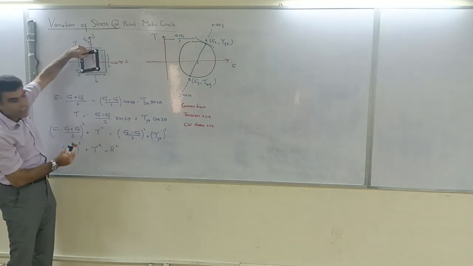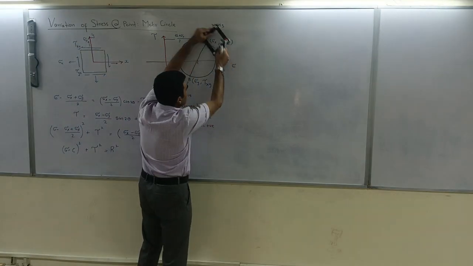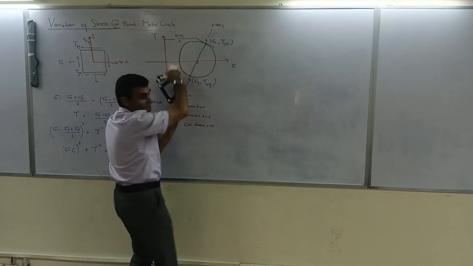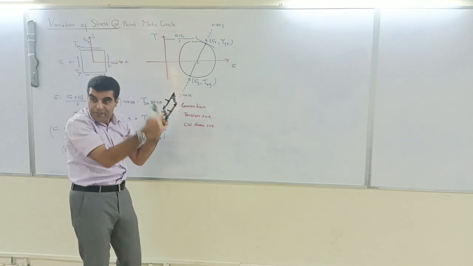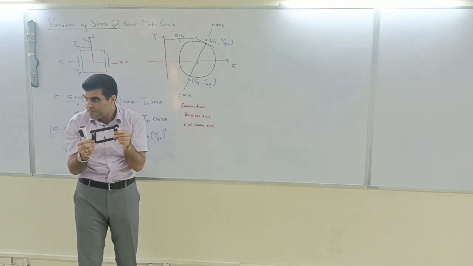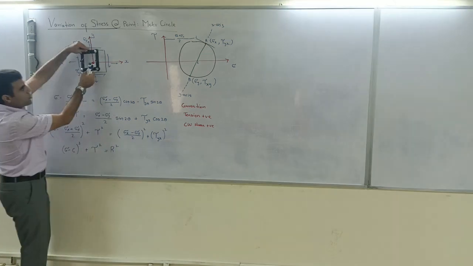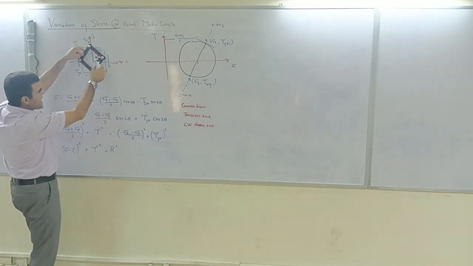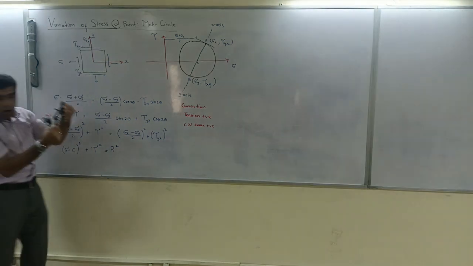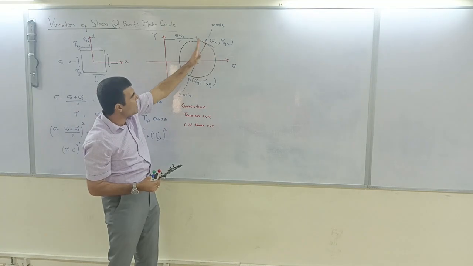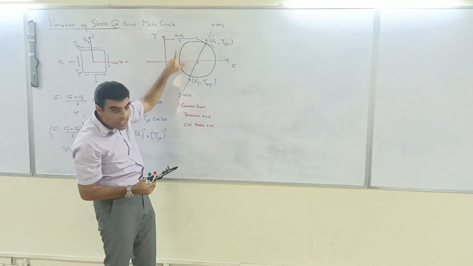When you are drawing it on the Mohr circle, you pick it up and rotate it along the Mohr circle, and it will give you different orientations of this element. Are you guys with me? So in other words, you are actually rotating this element.